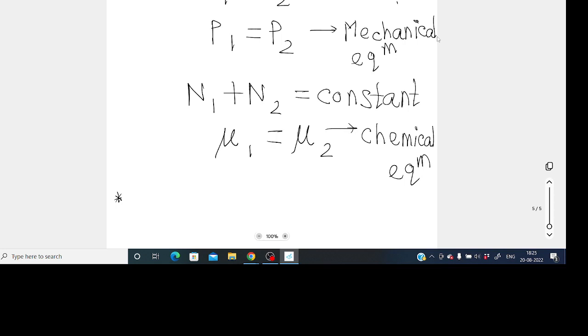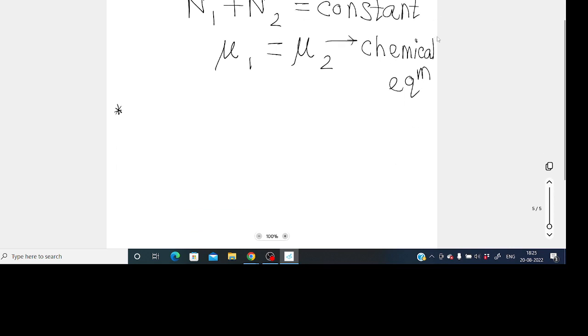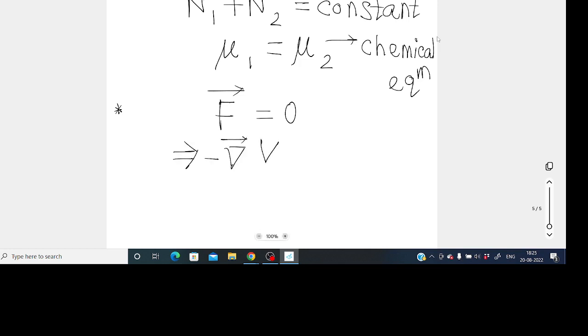That's also correct. That's actually the definition of mechanical equilibrium in terms of classical mechanics. You have F equal to 0 at equilibrium. That's called mechanical equilibrium. This force can be written in terms of, this is not volume, this is potential.